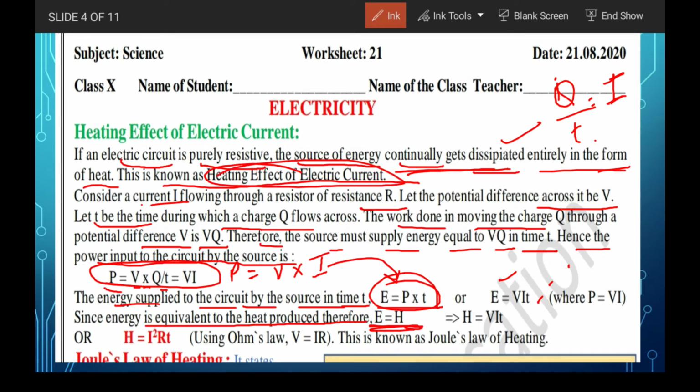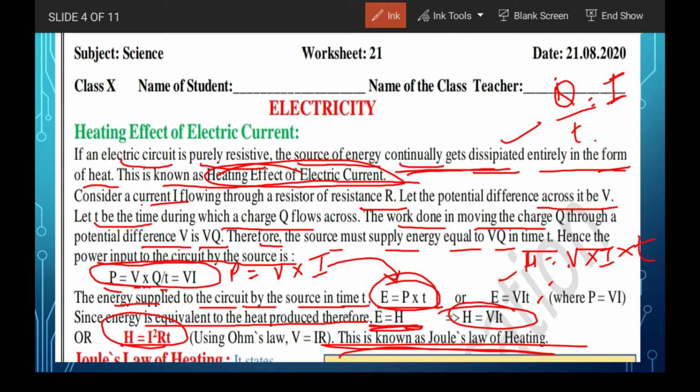So the equation becomes H = V multiplied by I multiplied by t. Using Ohm's law, we get H = I square Rt. That is known as Joule's law of heating.